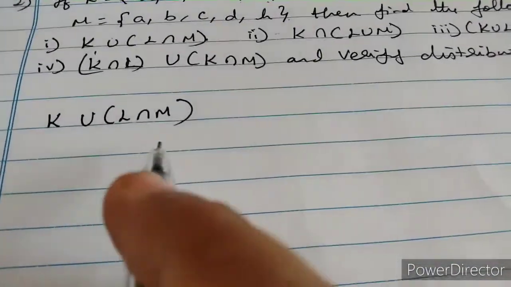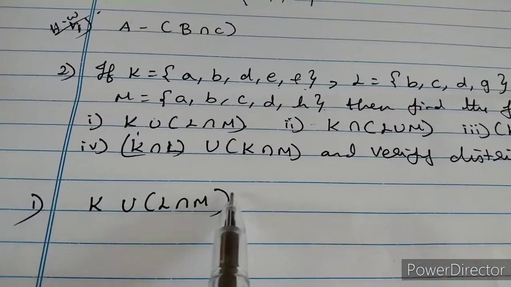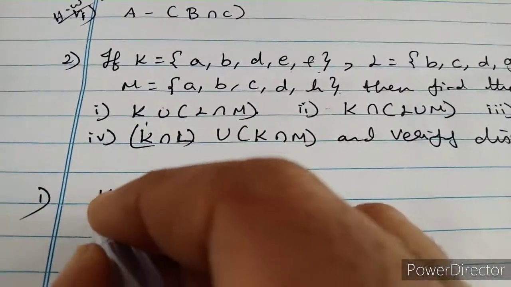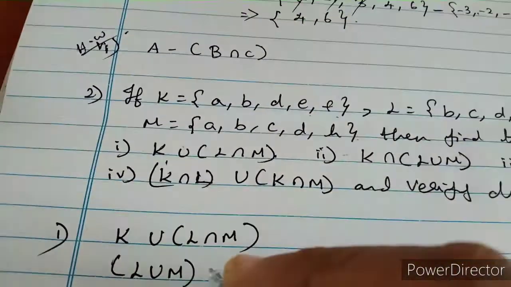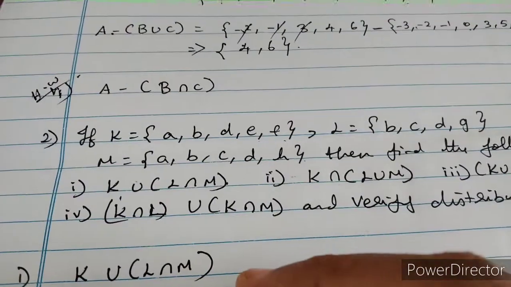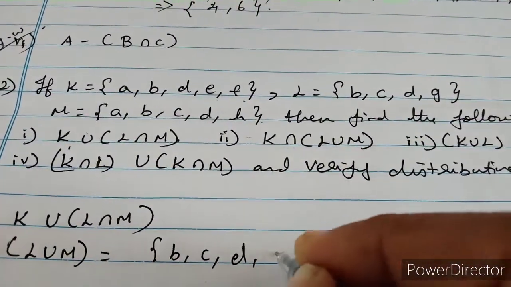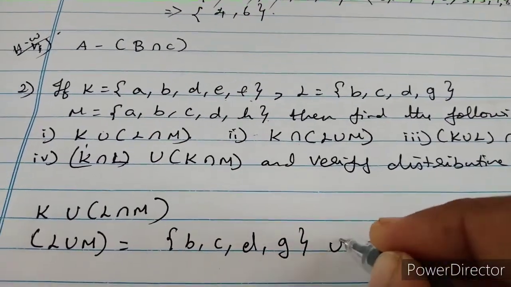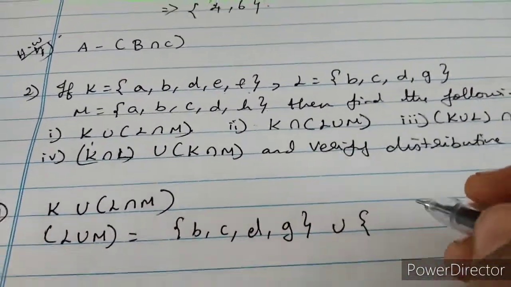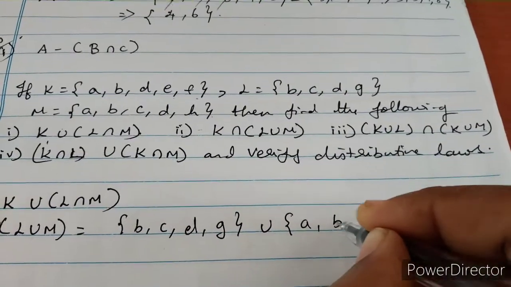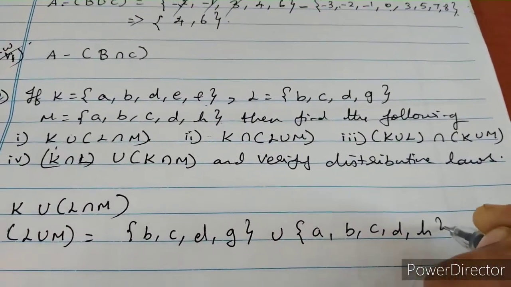First you have to find out the bracket. So L union M. Take and write the elements of L: B, C, D and G. Union elements of M: A, B, C, D and H.